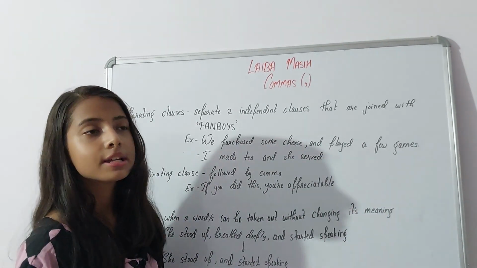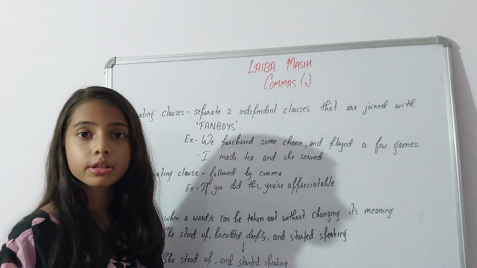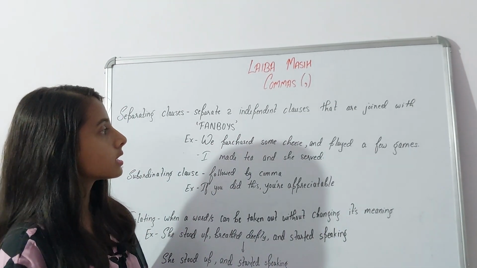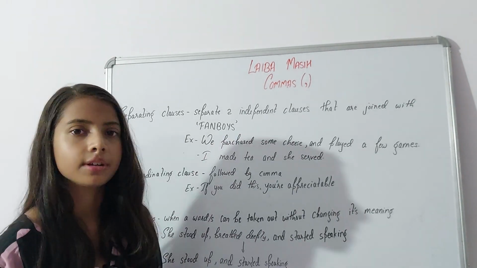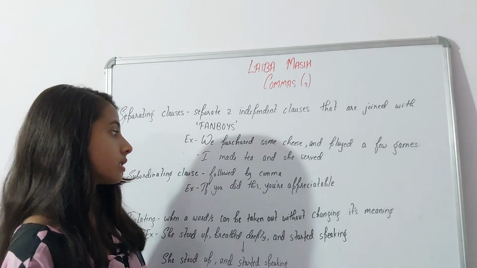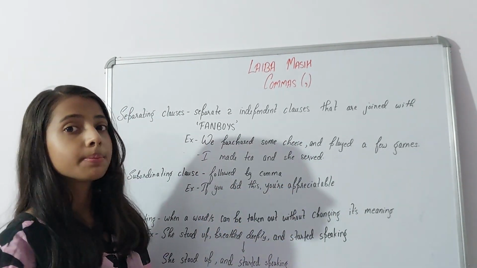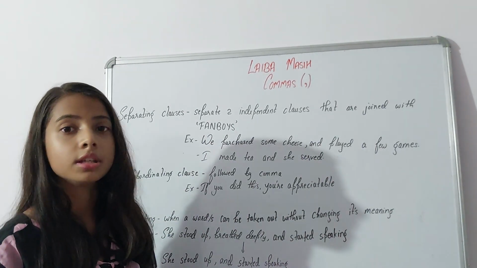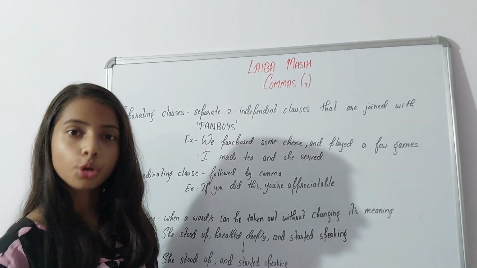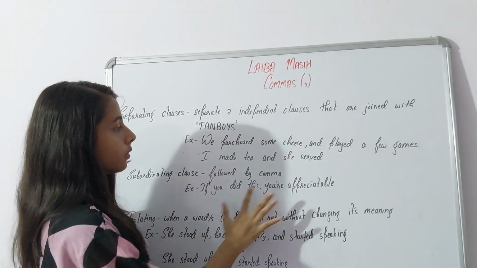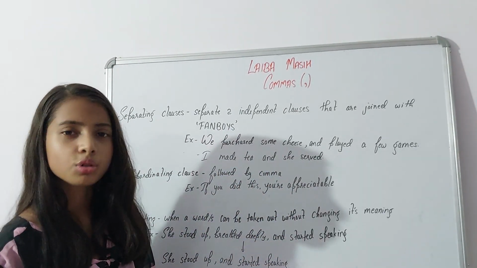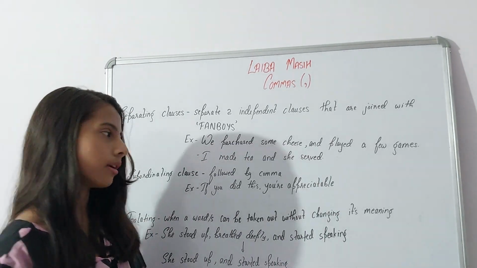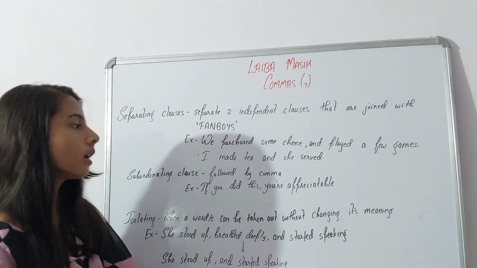The basic reason is that we can avoid using commas when the clauses or the phrases are very short and it is not necessarily needed to use the commas. So it depends on you to decide whether the clause is short or not. Here we have, I made tea and she served, a sentence which is short and there's no need to use a comma before and.